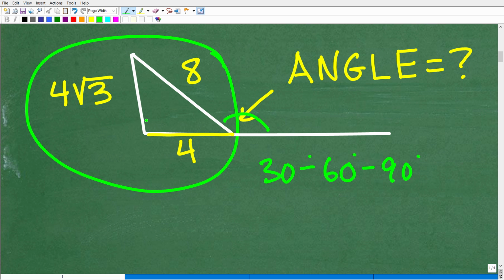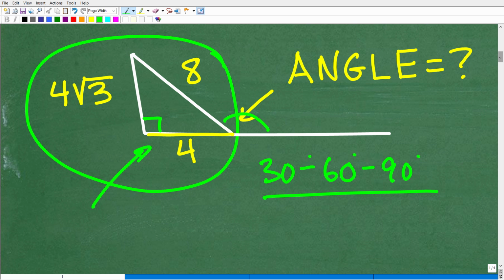In other words, this figure right here is 90 degrees, but we have to kind of validate that. And if you don't know why this is a 30, 60, 90 degree right triangle, well, that's not going to help you out, right? Because you've got to be able to recognize these types of triangles.